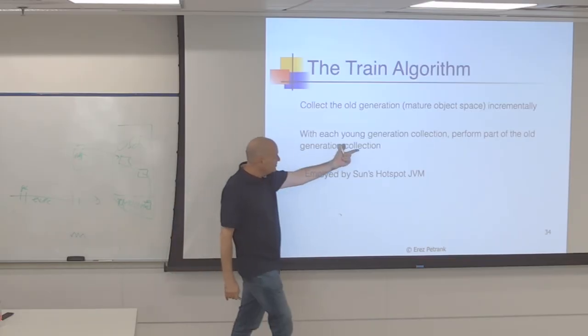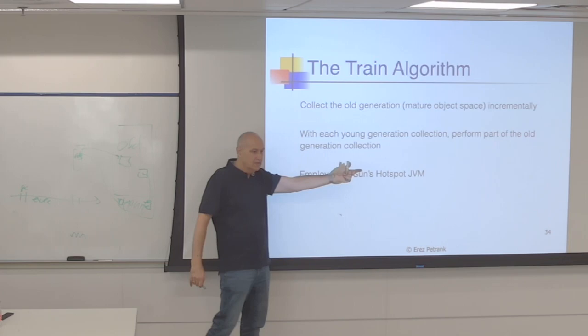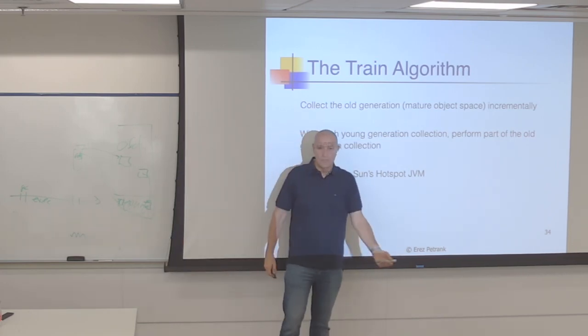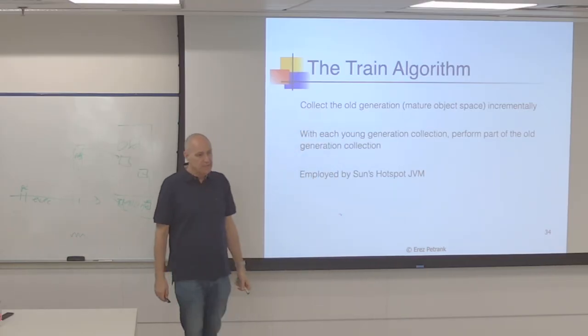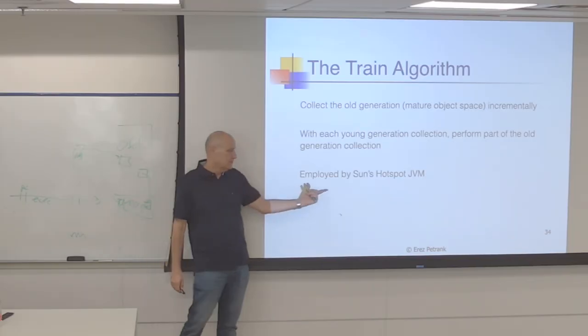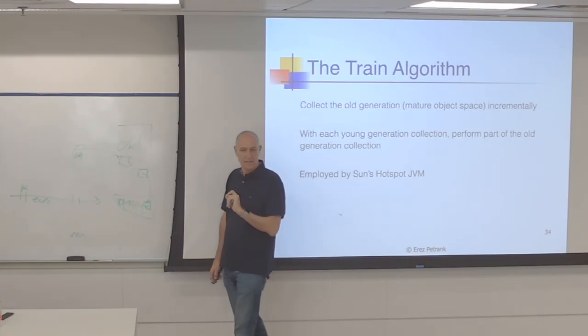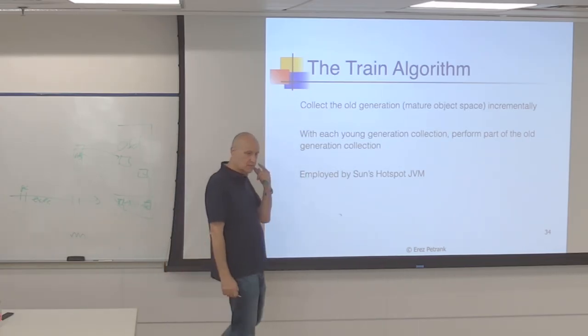So whenever I do a young generation collection, I do part of the old generation collection, and this was employed a while ago by a Java virtual machine. It didn't survive. I don't think anyone does it today, but I think the idea is nice and it's kind of educational to understand this algorithm.